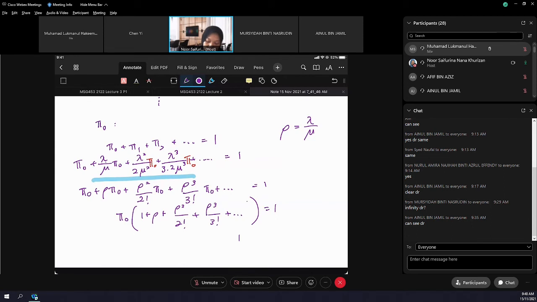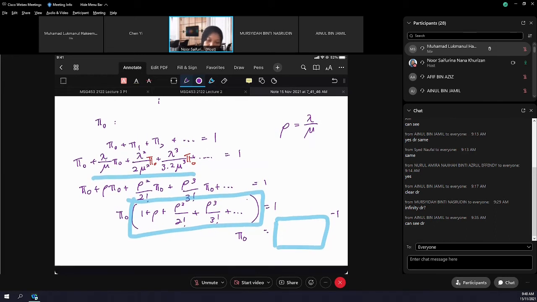Then you will have your pi naught equal to this expression to the power of negative 1, which is actually equal to e to the power of negative rho. This one you can check.